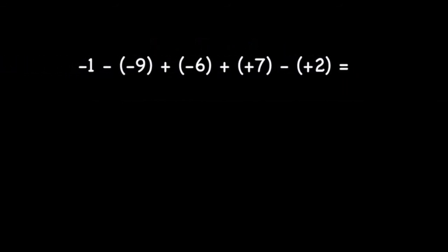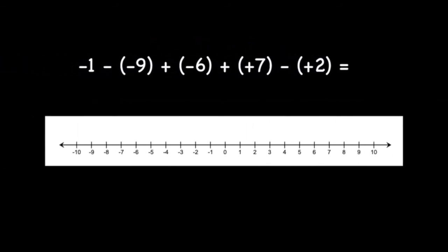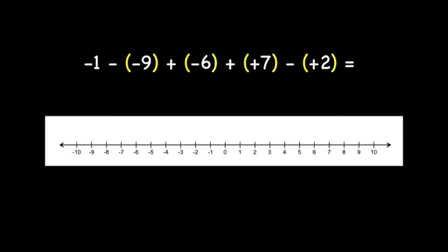Here is a type 2 equation. As you know, we cannot progress to the number line because there are two signs between the digits. This is one of the rare cases in mathematics, ladies and gentlemen, where I believe it's better to remove the parentheses rather than leave them.